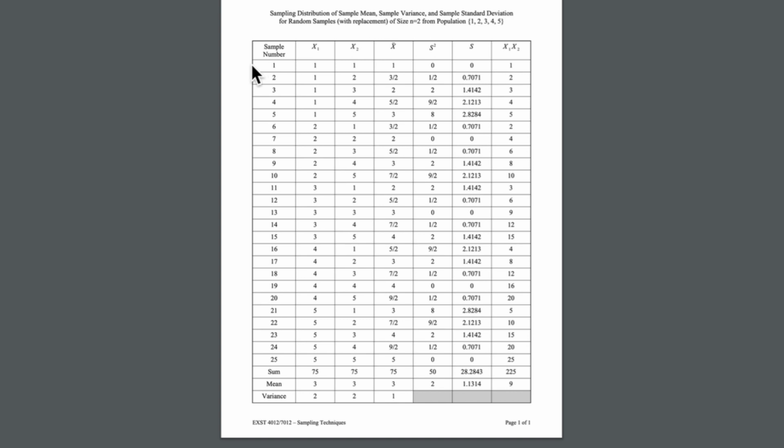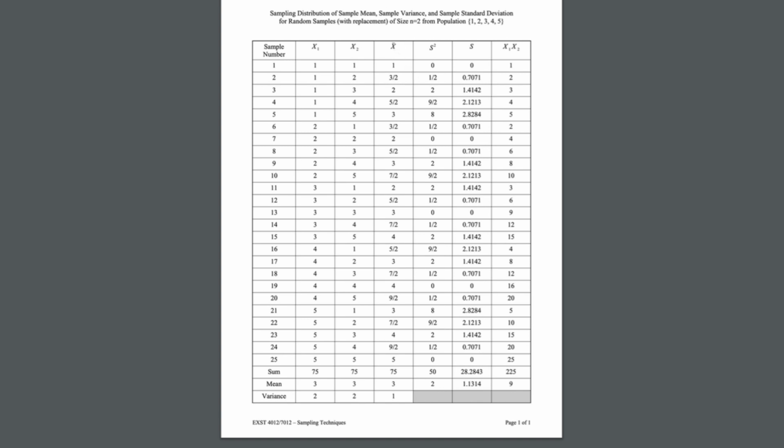Now, what that implies then is that in order to calculate probabilities involving this sampling process, and in particular, for example, probabilities associated with x bar, all we have to do is just count the number of ways that that event can occur and then divide by 25.